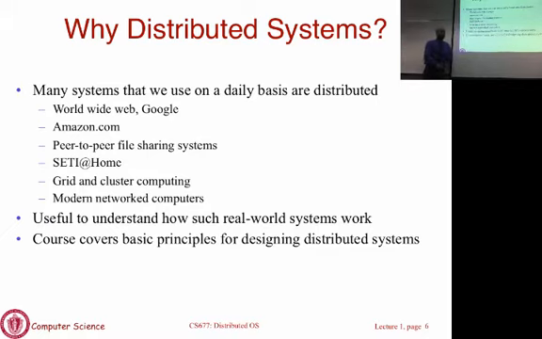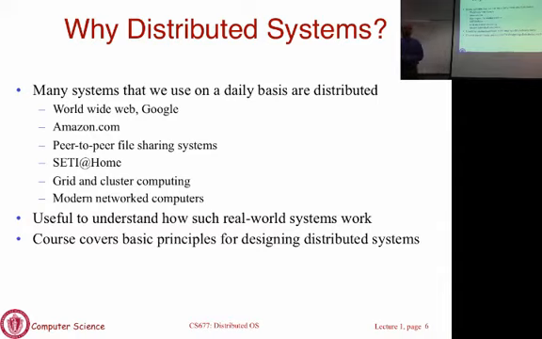So basically what we are seeing now is that most computing applications that you see are distributed in some shape or form. So it is important to understand how they are built and how they work, because you may actually end up building distributed systems as part of your job or career someday. Or if not, you will actually use them. So knowing about them is also very useful.